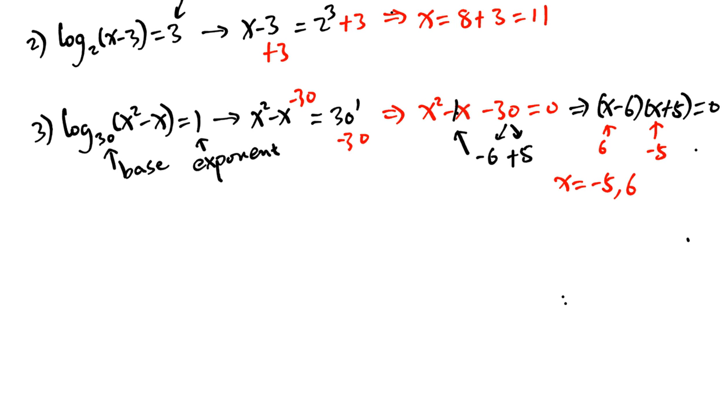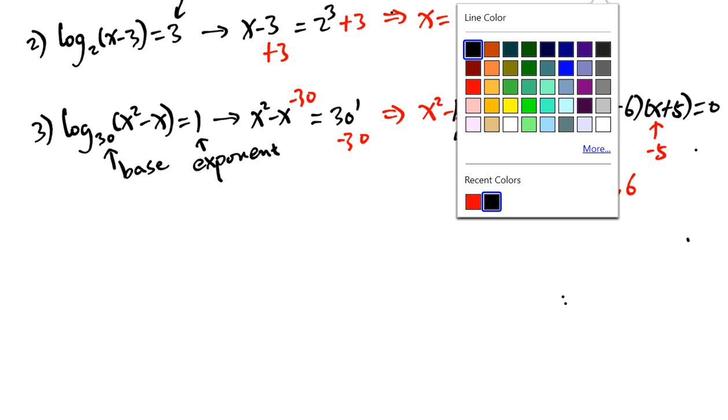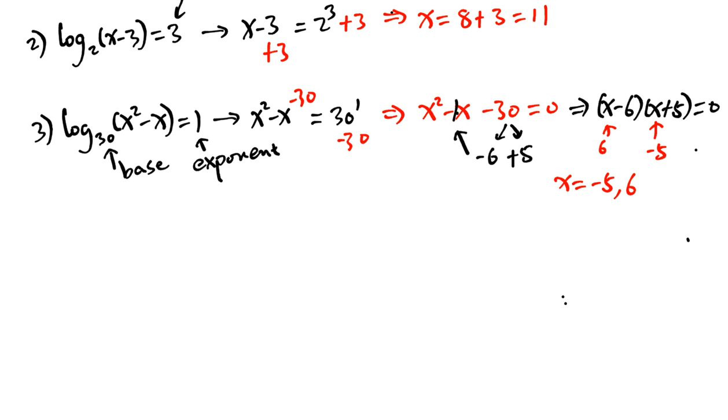Let's see the fourth question. We have 8 plus 8 times natural log x equals 13.